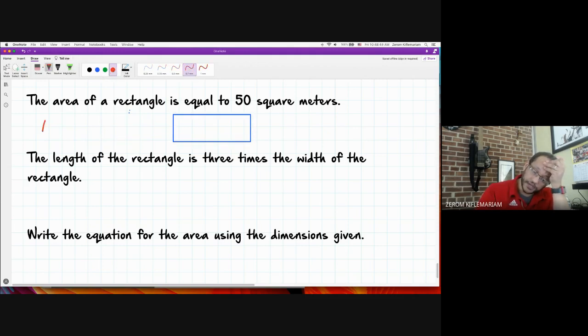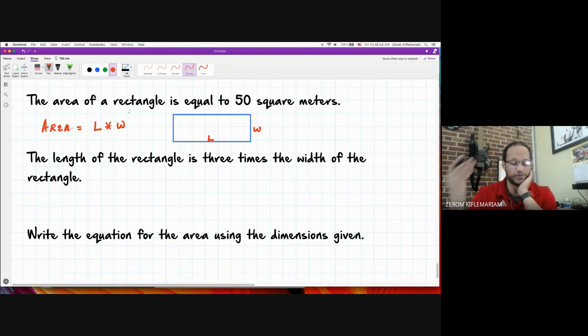If we are talking about area, given that this is length and this is width, area is given by length times width. That is something I should always remember.